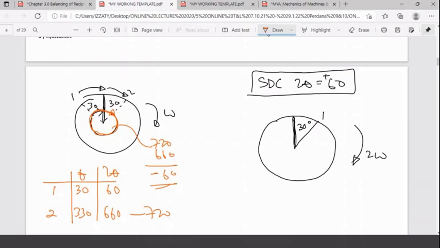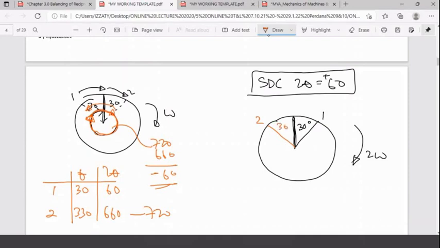It should be 6 degrees, we are dealing with number 2. Yes, correct, so we minus this one and stop it here. Because we started here just now, we minus 60 degrees.